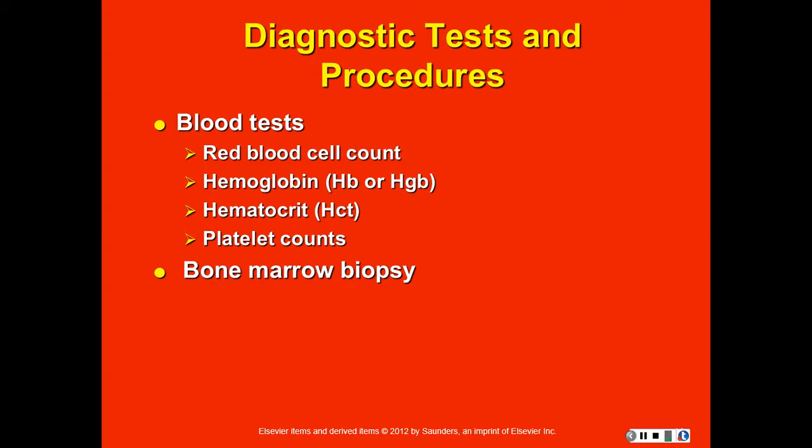But one of your main definitive studies to see about issues in the bone is a bone marrow aspiration or biopsy. This is where you actually put a needle into the bone marrow and pull out fluid, hence aspiration, or a biopsy where you actually pull out a core of tissue.